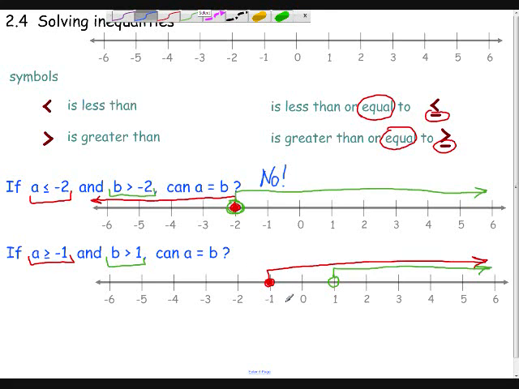Can A equal B for these two? Well, yes, it can. We can have, no, that's not going to work. Because we don't have any B here. But right here, from this point, not including 1, but everything greater than that, we have the situation where A equals B. Only here.